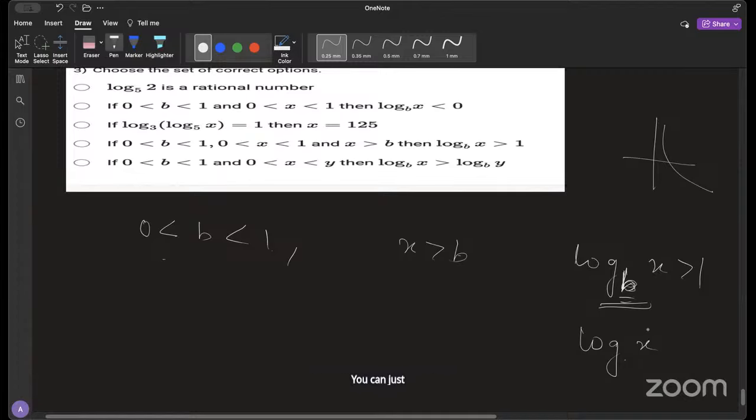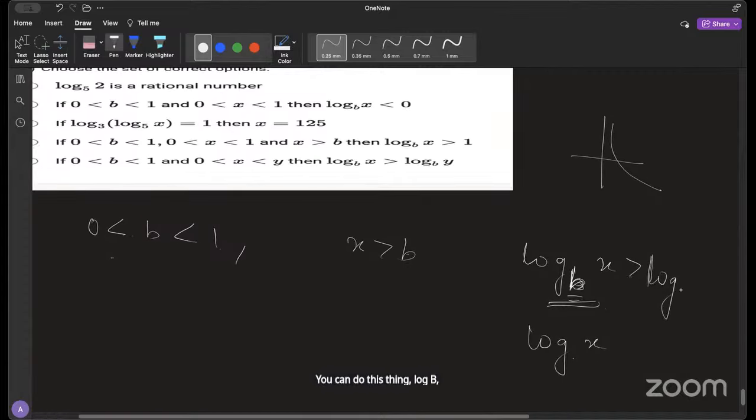You can just simply take, or you can do this thing, log base b. We can solve this by a graph. It is very easy. You don't have to do it using a graph. If you just see that this thing is equal to 1, then your x is greater than b, base is greater, that means your function is decreasing, right?